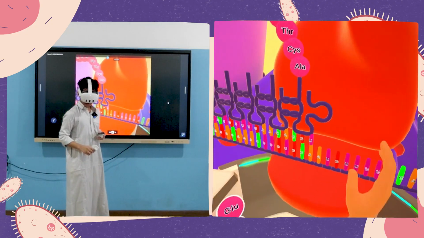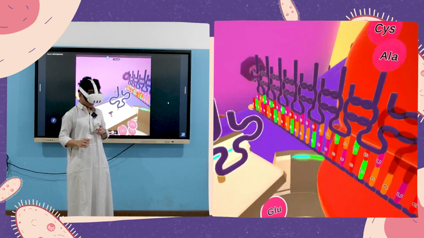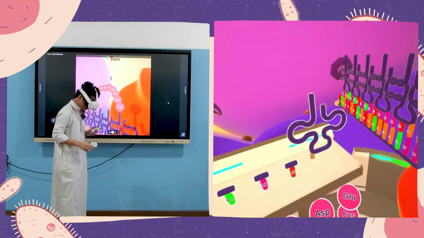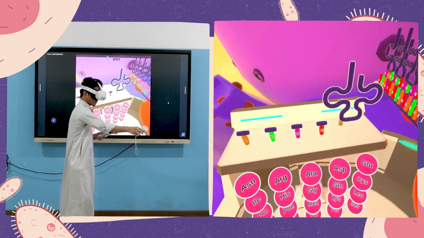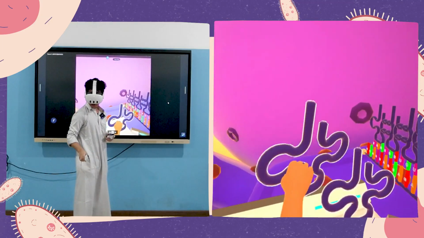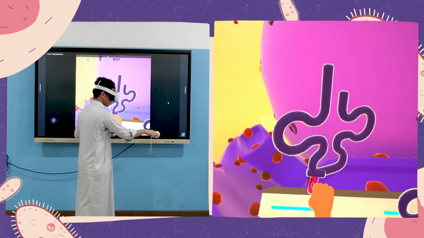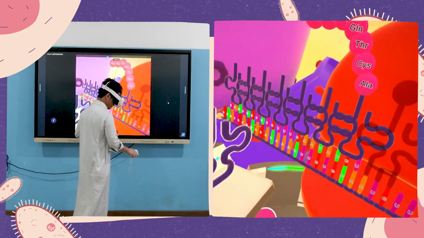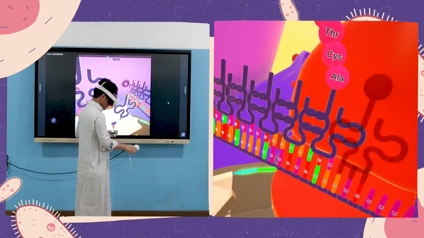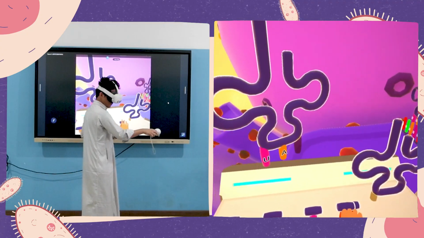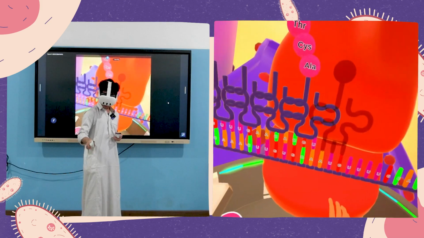We got the AUG. This codon AUG is gonna be methionine. So we're gonna pick this. Okay. Let's do this first. That's AUG is gonna be UAC.